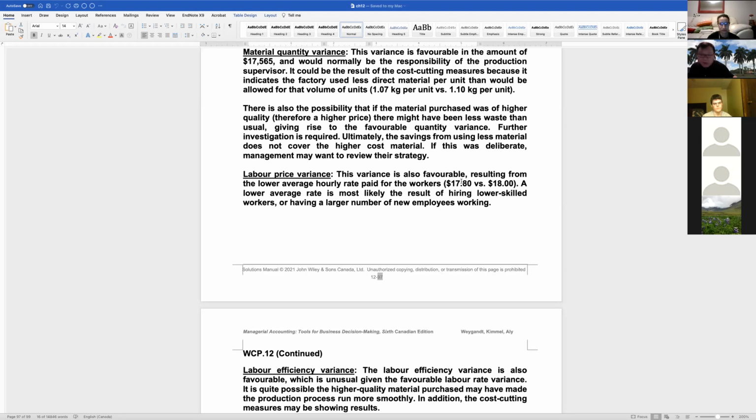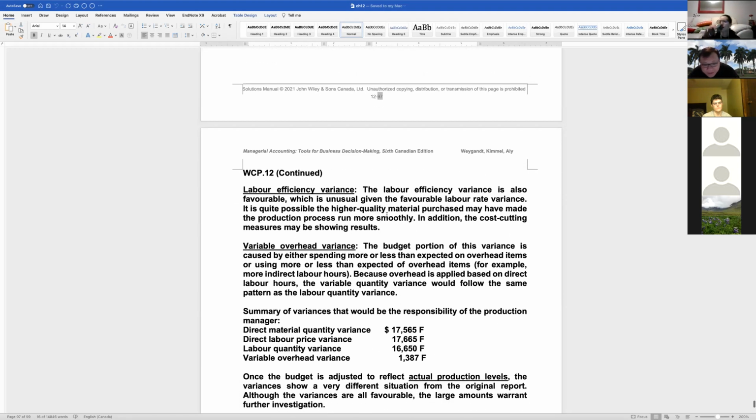Of course, your labor rate variance will be favorable, right? How about labor efficiency? Are you using these people efficiently? This one is also a favorable difference.